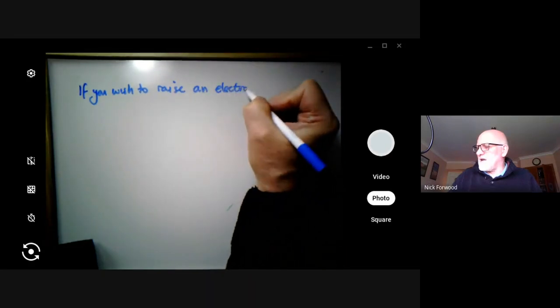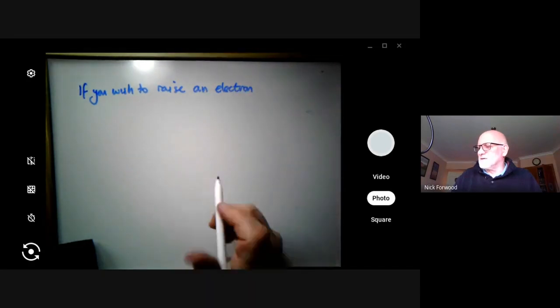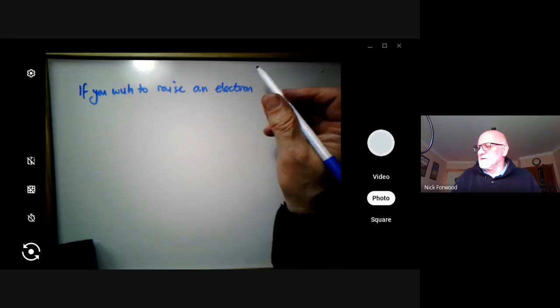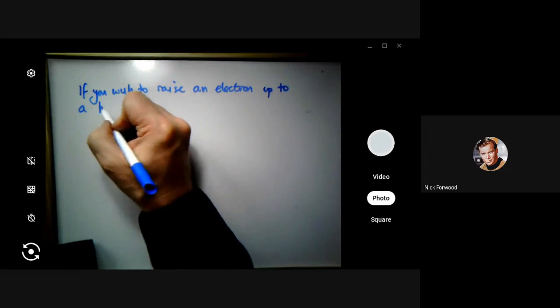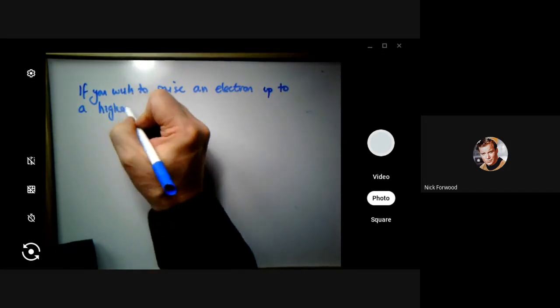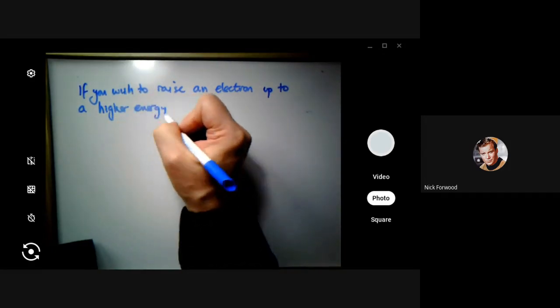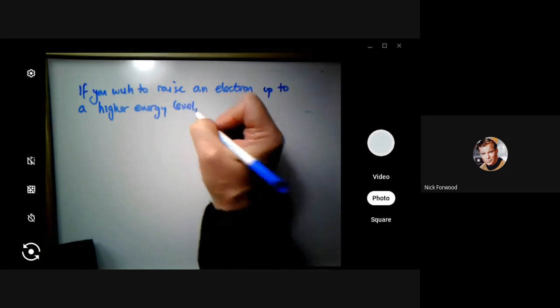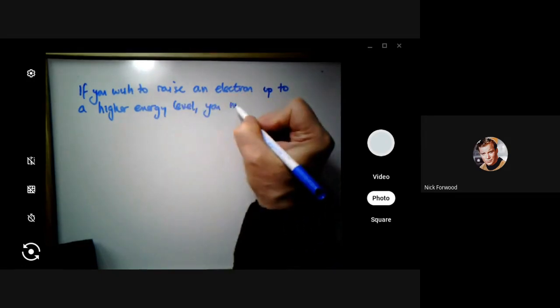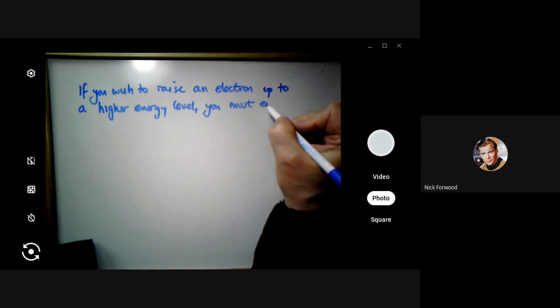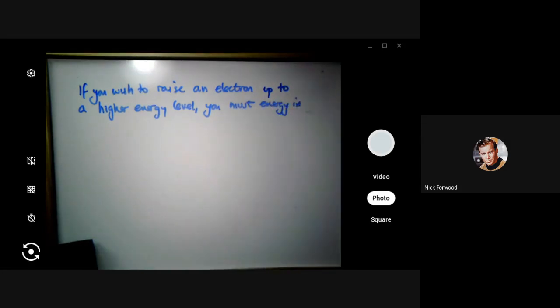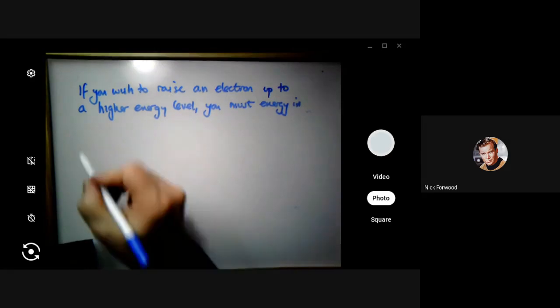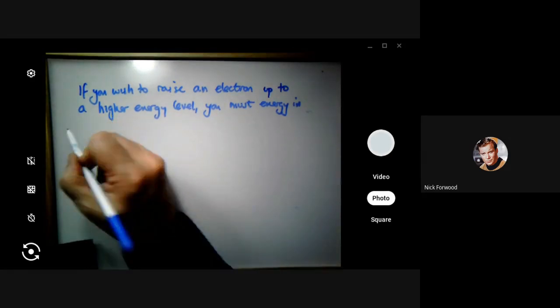And this is just a single electron, and it can live in different levels. If you wish to raise an electron up to a higher energy level, you must put energy in to climb up the stairs. And the electron won't stay there forever.